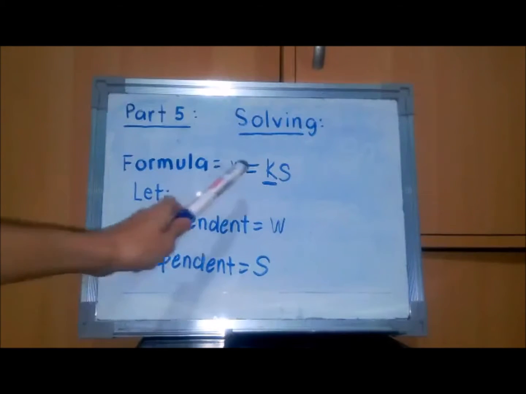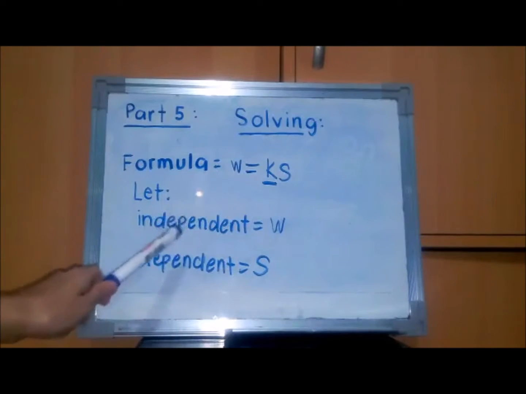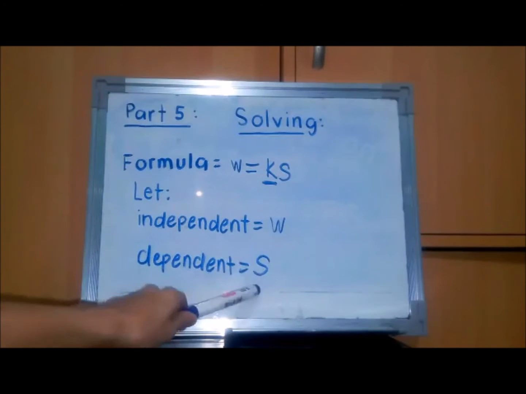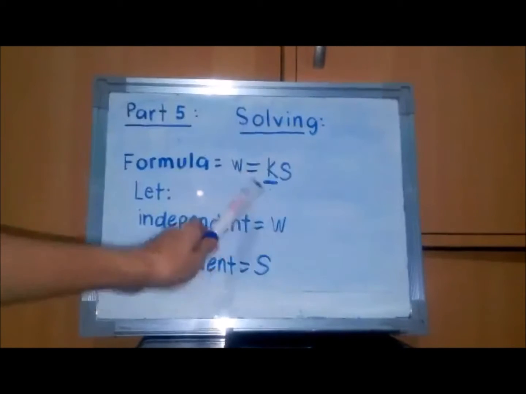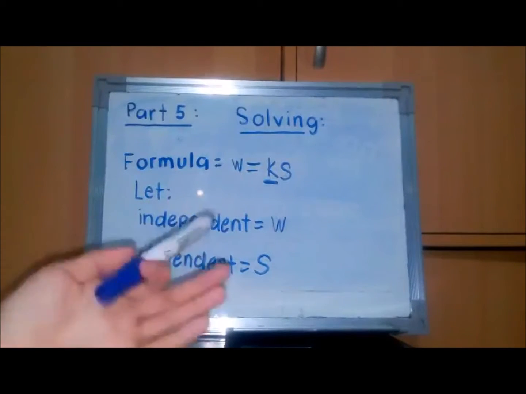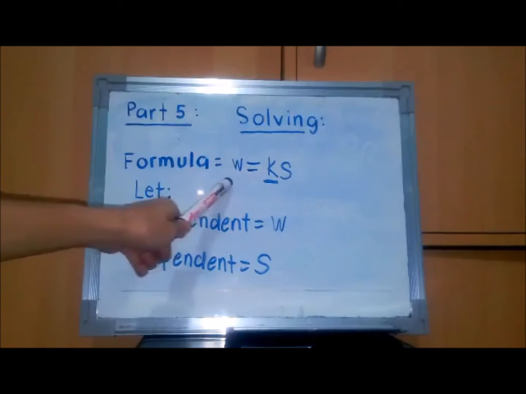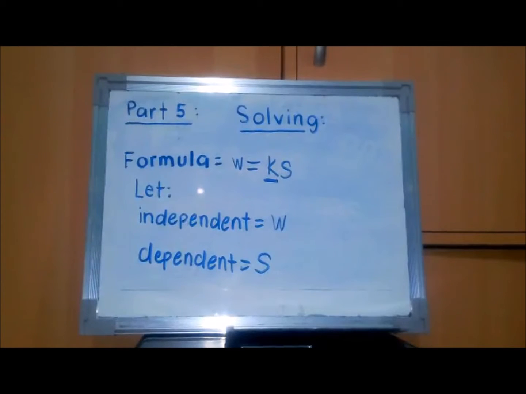So W is directly proportional to S. We can say the independent here is W, the dependent is S. Sometimes they may change. We don't know, K might be here and W there. That's why W will not always be independent. It depends on how the word problem is written.